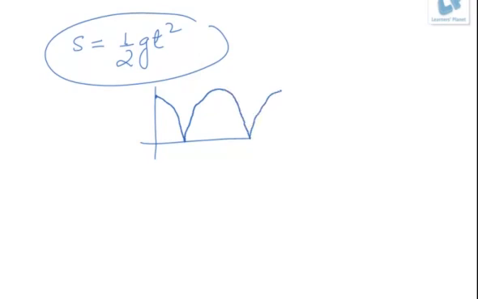Okay, so this is the curve that will be made. This is downward journey, this is upward journey or ascent, this is maximum height, then it is again descent and then ascent.